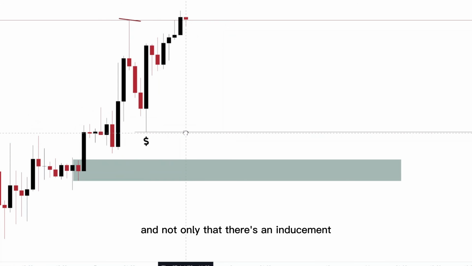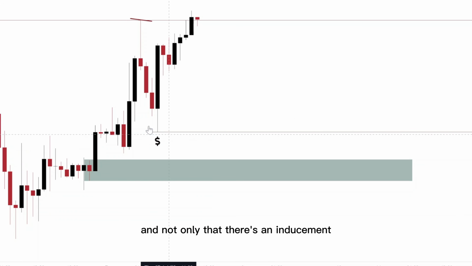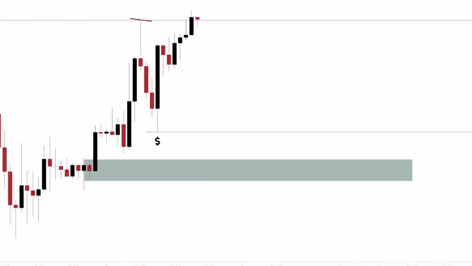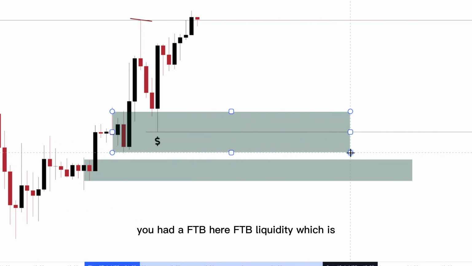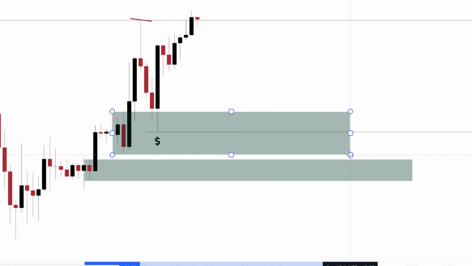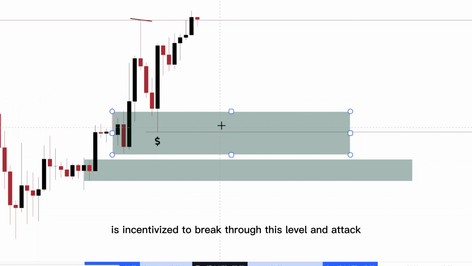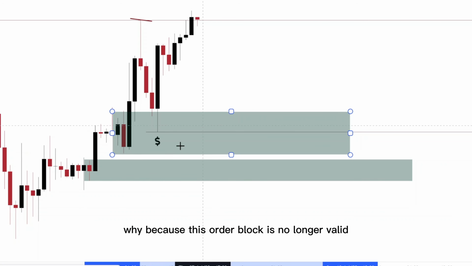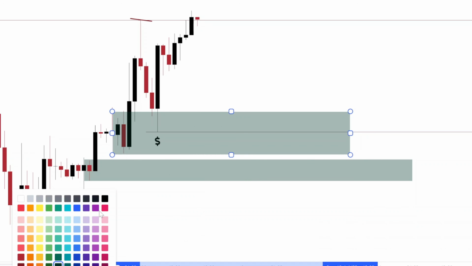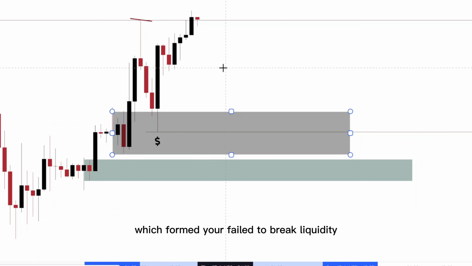And not only that there's an inducement, you had an FTB here, FTB liquidity, which is used up liquidity. So now price is incentivized to break through this level and attack your order block. Why? Because this order block is no longer valid, which formed your fail to break liquidity.